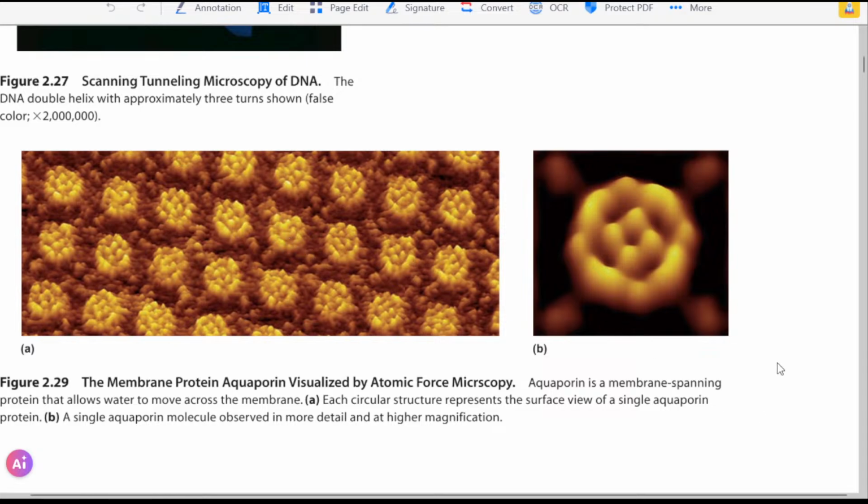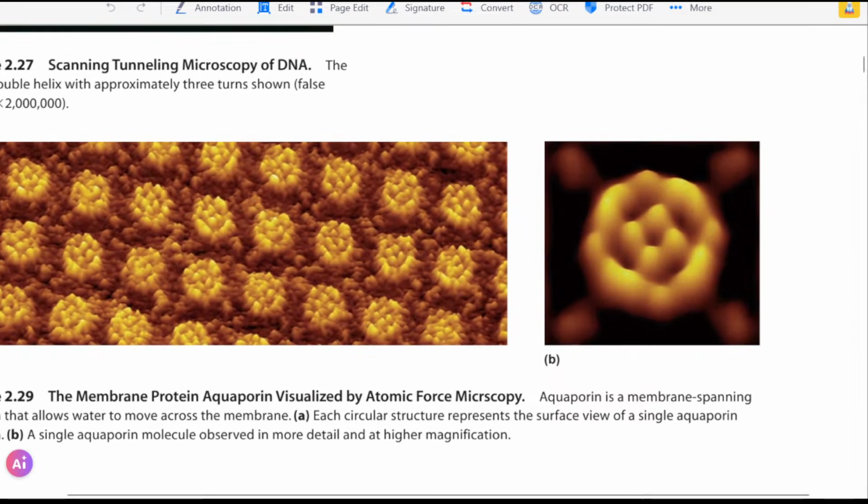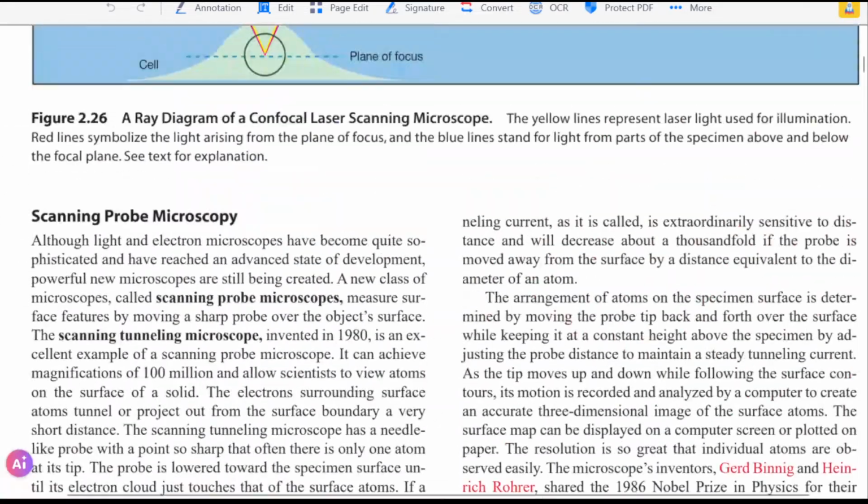Protein is way too small to be seen even on an electron microscope, because as you can see, this is showing the atomic levels of the bonding of the aquaporin. And this is just the surface area. And this is an even more detailed and higher magnification picture. A single aquaporin, while these are a collective picture.